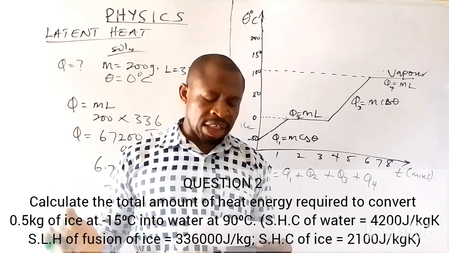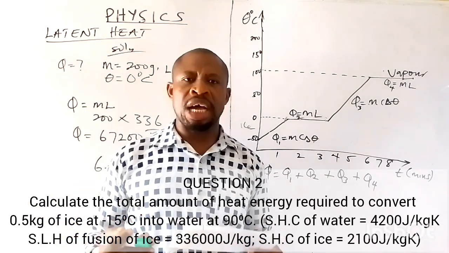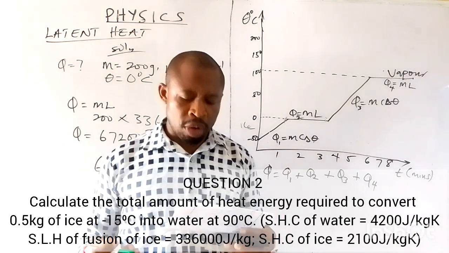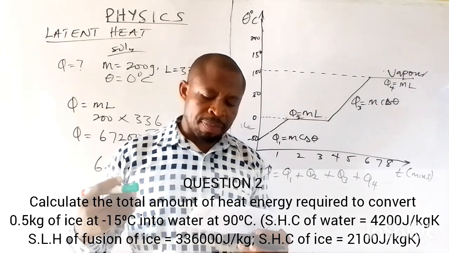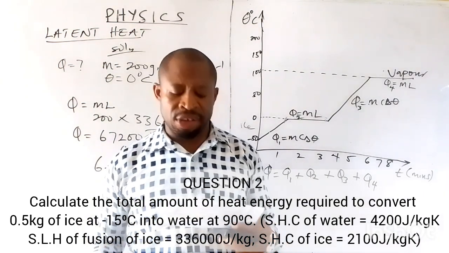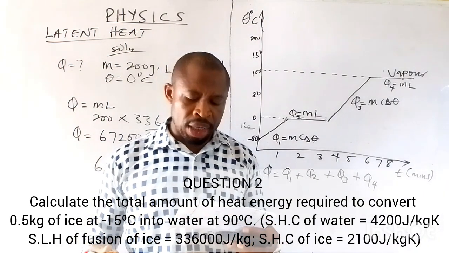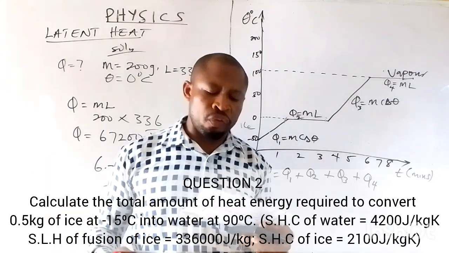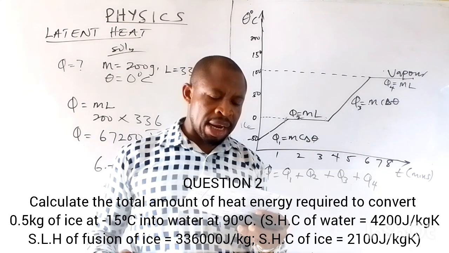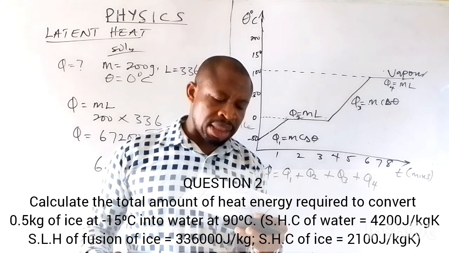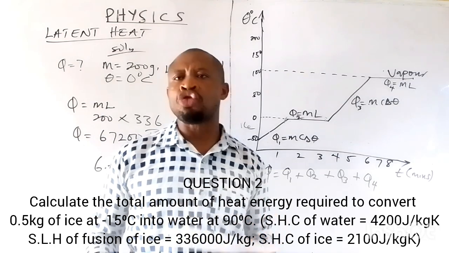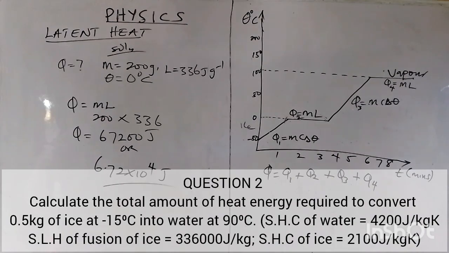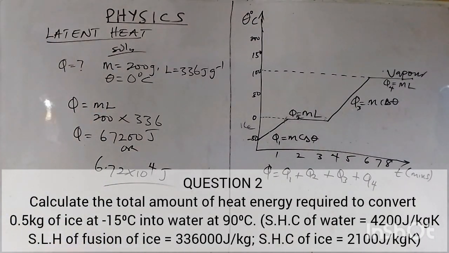Here we have the specific heat capacity of water, 4,200 joules per kg per Kelvin. Specific heat capacity of ice, 2,100 joules per kg per Kelvin. Specific latent heat of fusion of ice is 336,000 joules per kg. Now we solve it straight.